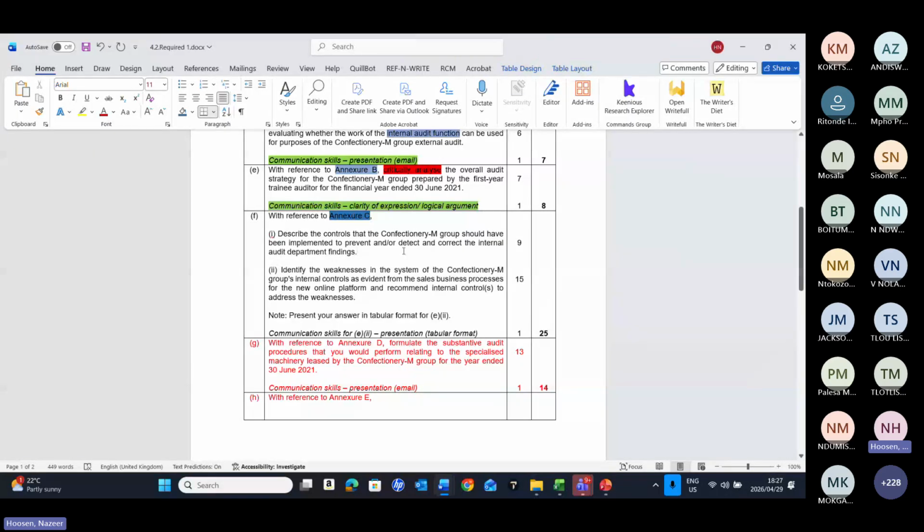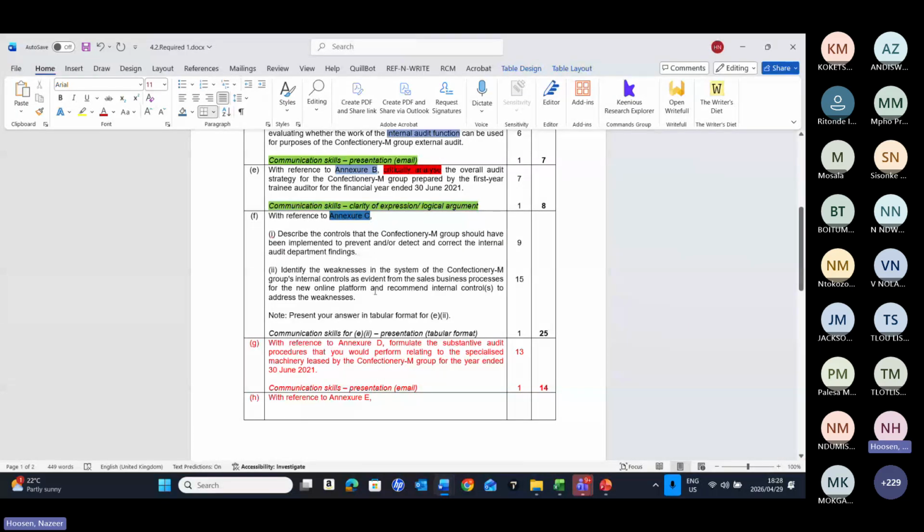For part 2, identify the weaknesses in the system of the Confectionery M group's internal controls as evident from the sales business processes for the new online platform, and recommend internal controls to address the weaknesses. So we're looking for weaknesses in the internal controls, and recommendations to address these weaknesses.